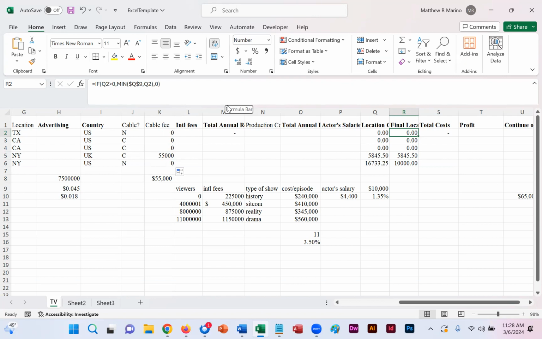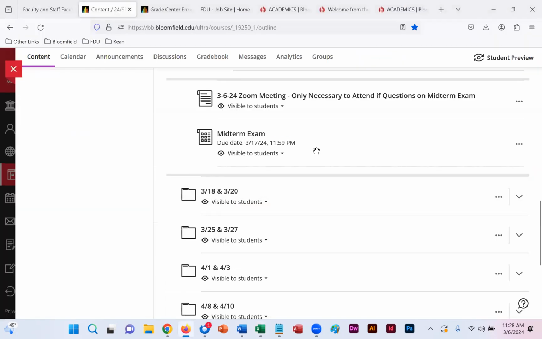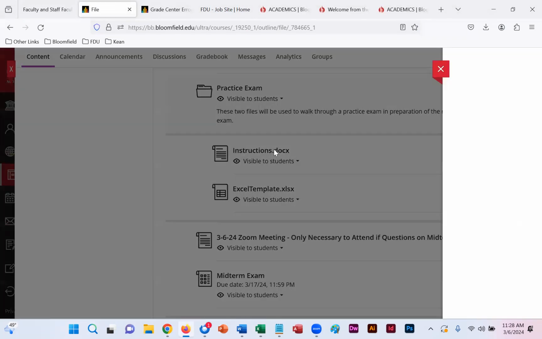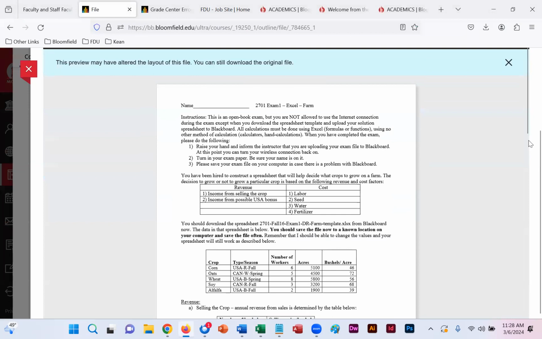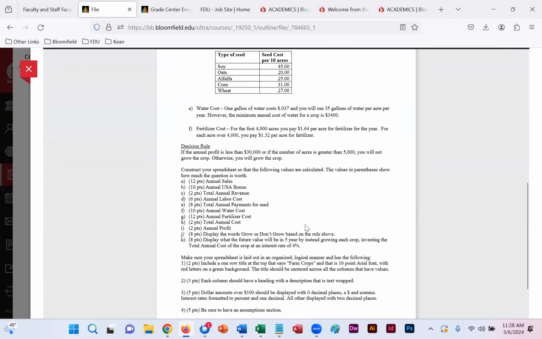For the continues, we would use an if function. Just the continue or canceled. Yes. So basically, that is almost exactly what you guys did with the don't grow and grow decision rule for Monday.